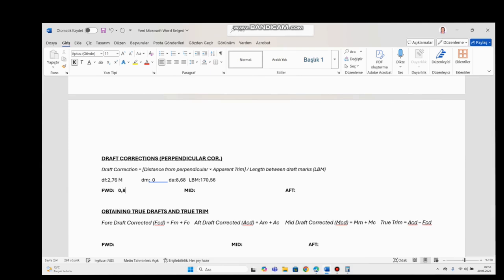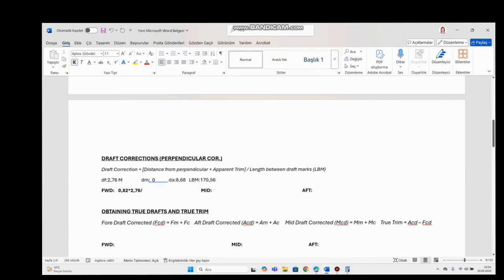Apparent trim times distance between draft mark and perpendicular. For fore draft, it's 2.76 divide LBM. What's LBM? LBM is length between draft marks.